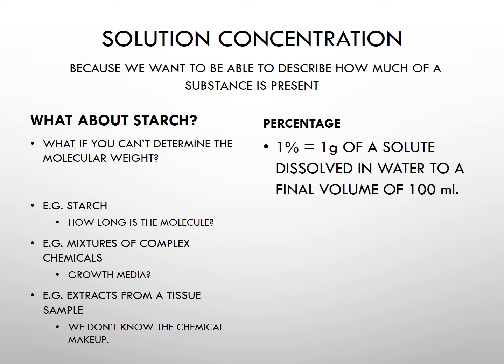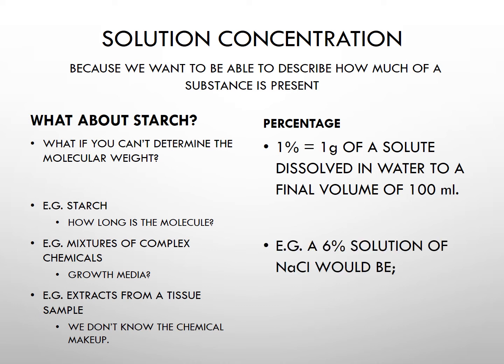So 1 gram is approximately equivalent to 1% of a 100 milliliter volume of a solution. It's not always going to be perfect, but our weight to volume calculations here will standardize our creation of a solution. So again, a 1% solution represents 1 gram of a solute dissolved to a total volume of 100 milliliters.